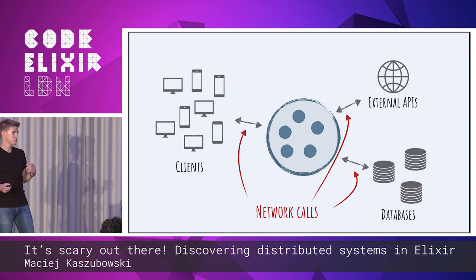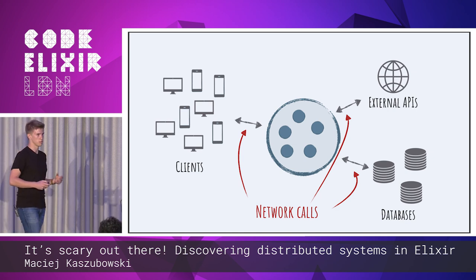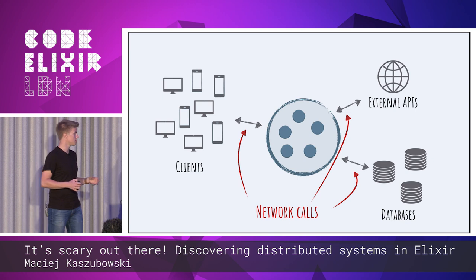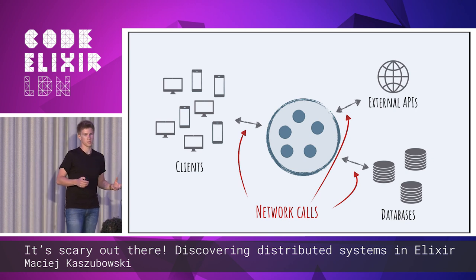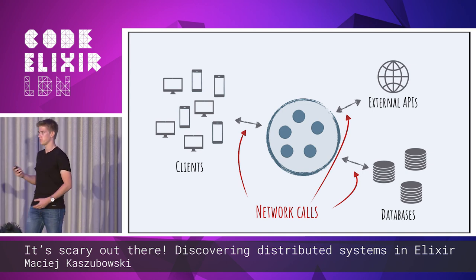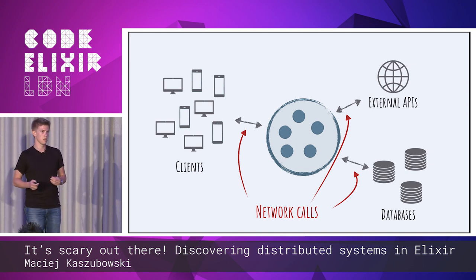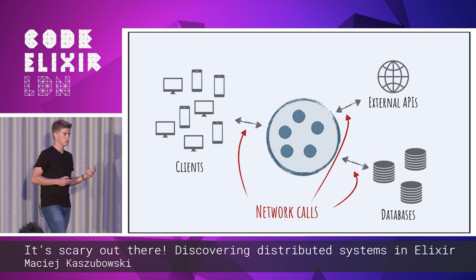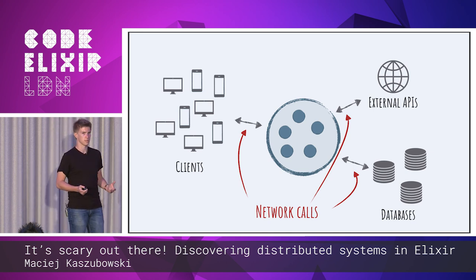And once you learn a bit about distributed systems and start to see the world as this scary place, you may try to find solutions that are capable of dealing with all these bad things that may happen.